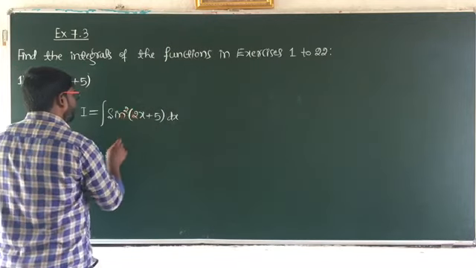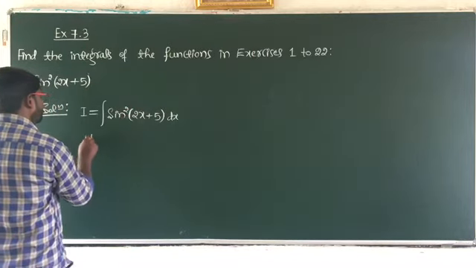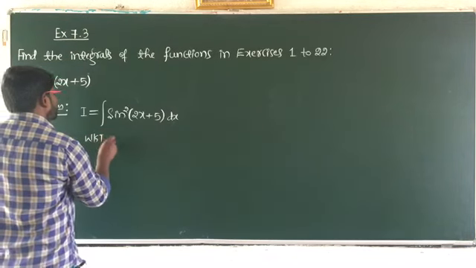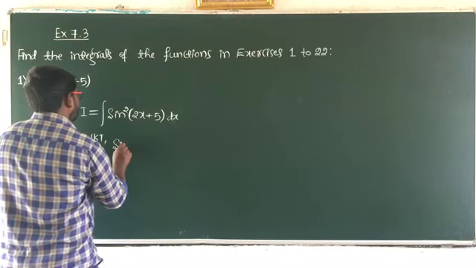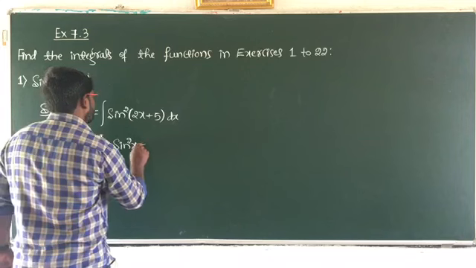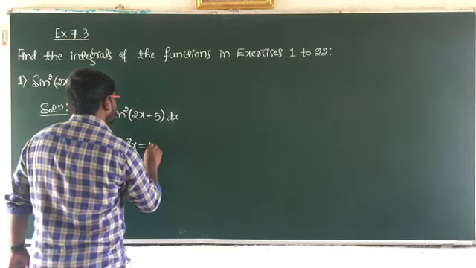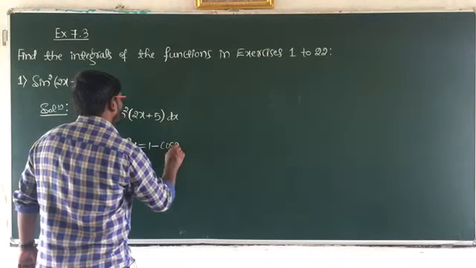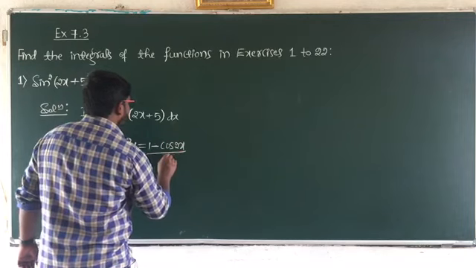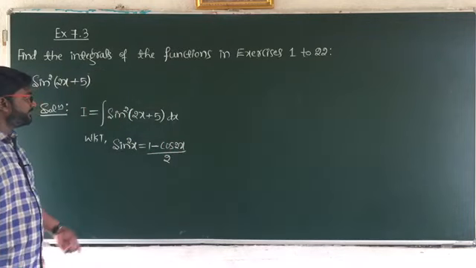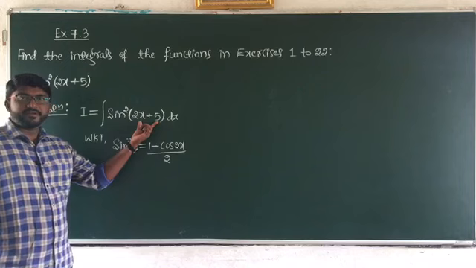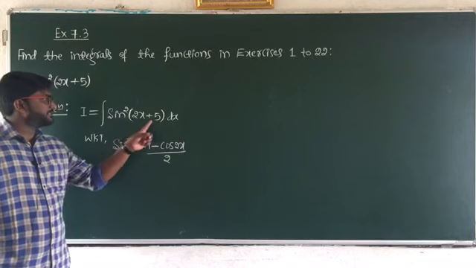So from the first PUC formula we know that sin square x is equal to (1 minus cos 2x) by 2. But here we have sin square (2x plus 5), which means in place of x we have 2x plus 5.